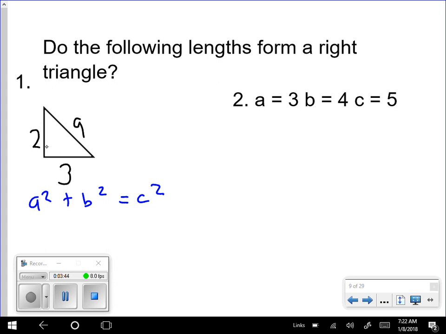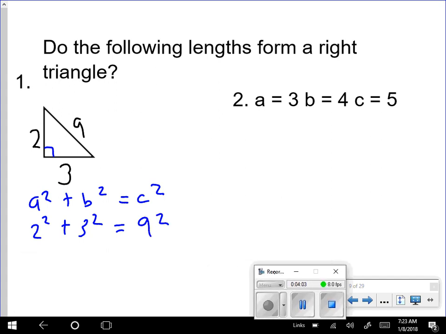As you can see, we have our right angle here, so that would mean our legs, a and b, would be 2 and 3. So we plug that in, 2 squared plus 3 squared, and then our hypotenuse is across from the right angle. It's going to be c squared, so 9 squared. Then we just have to do the math.